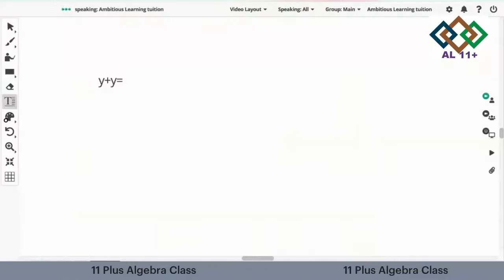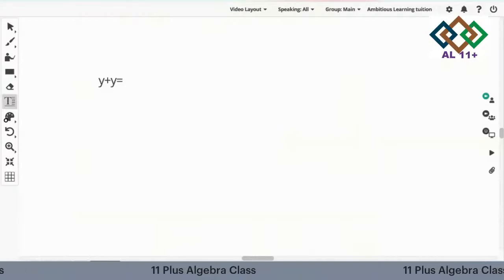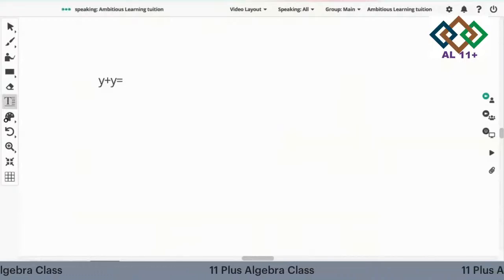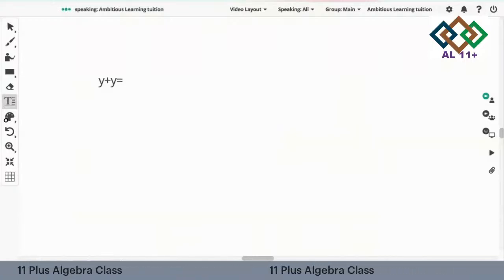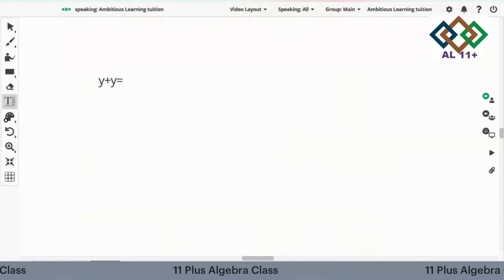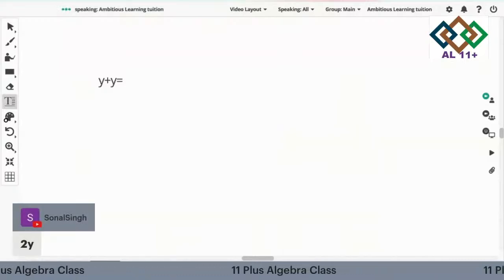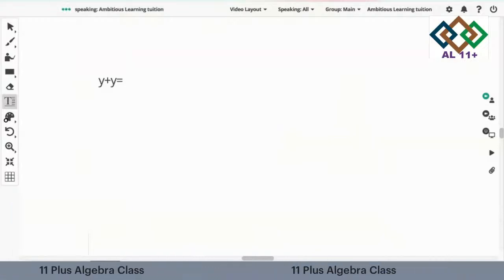You think of your y as number 1, and your other y as 2. You add them up: y plus y is 2y. One of you has given me the answer here. It's 2y.